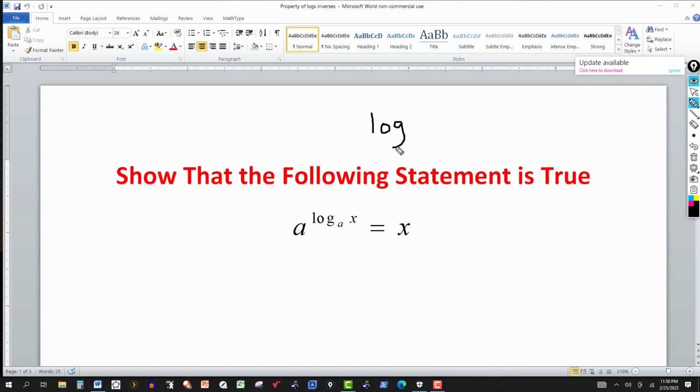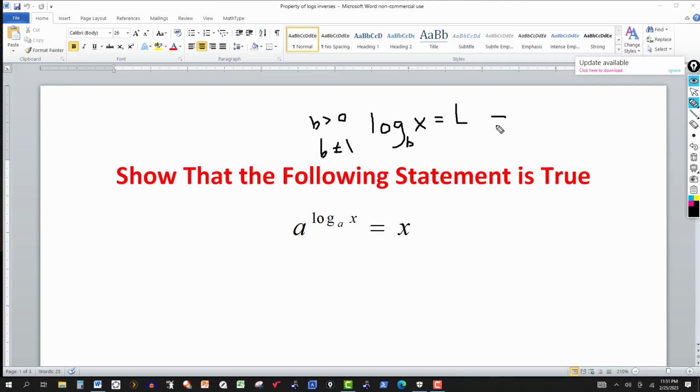We have the log of some number x to base b. We know the base has to be positive, and we don't want the base to equal 1. So we can have values between 0 and 1 or greater than 1. And let's suppose this is equal to the number L, which is the logarithm. So L represents the logarithm.